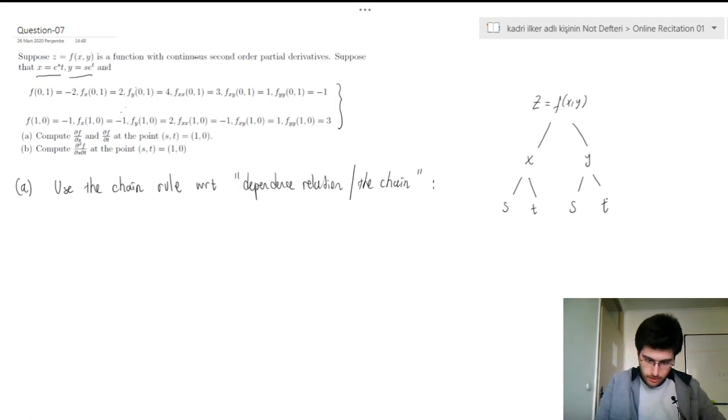Let's see. For instance, the first one, just compute the following: del f del s.